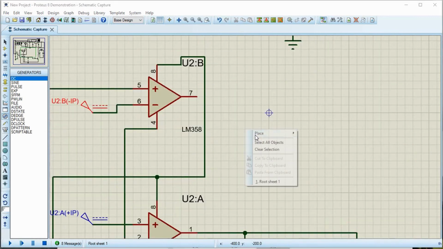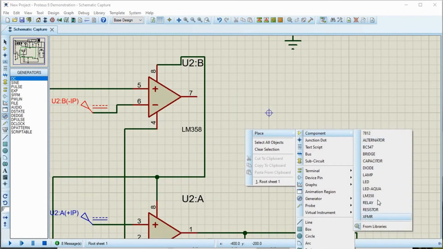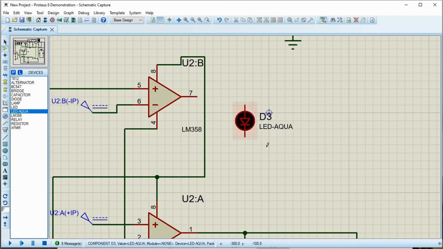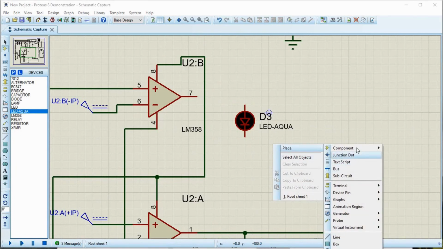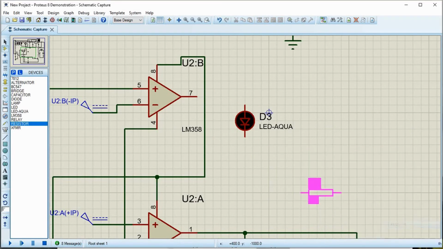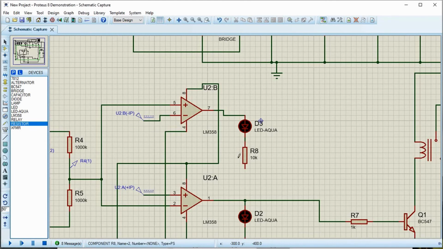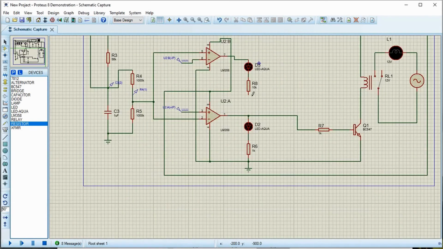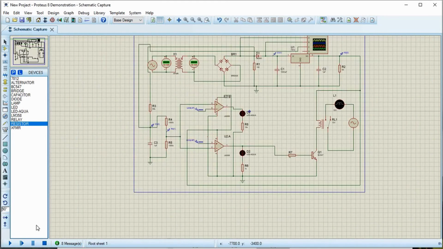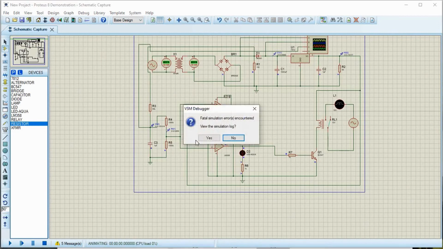Let me put an LED also. This is connected to ground.